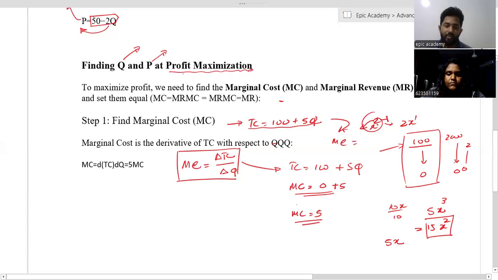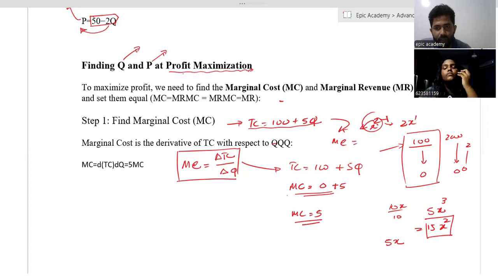It represents that if you are going to produce an additional unit, you have to pay 5 rupees. That's the reality. Finally, you have to identify in here, if you derive this equation into the marginal cost curve, you get only the value 5. That represents that if you add to the total production quantity, your additional cost is just 5.